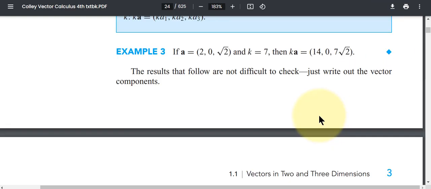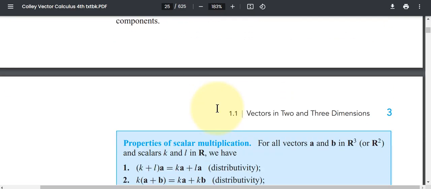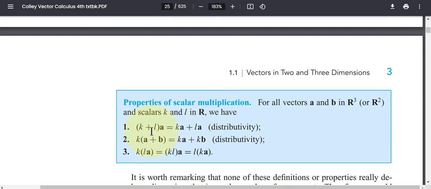Okay, so once again, now that we've defined what we mean by scalar multiplication, we can ask, what are the implications of this definition? Some of the implications are that if you take k plus l, so two numbers added, and then multiply that times a, it's the same as multiplying first k times a and then l times a.